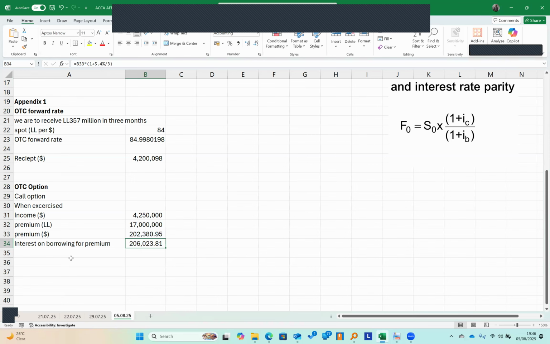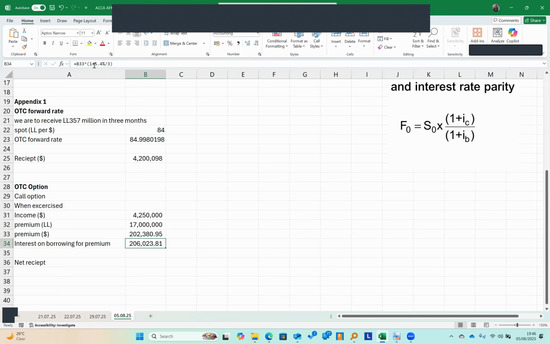Which means that at the end of the day, what is the net receipt? So you receive this 4.2, but you remove this amount 206, which includes the premium and also the interest itself. If you wanted to do it a different way, you would just calculate the interest on its own.